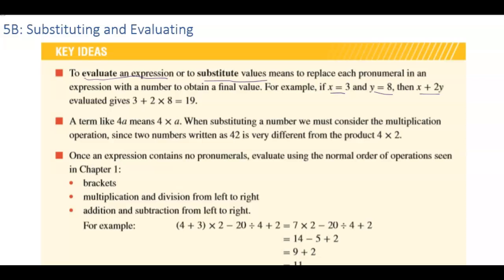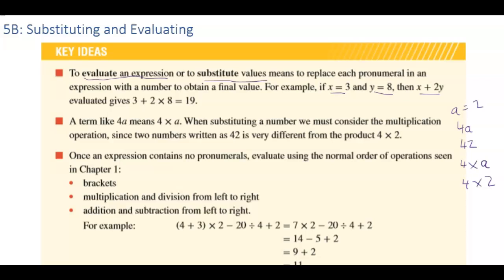So if we say let a equal 2, for 4a doesn't mean you write 4, 2, okay, because it is 4 times a, which is 4 times 2. So that's what that second point is telling you.